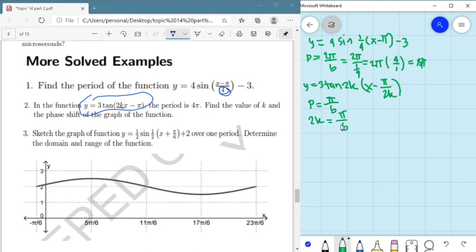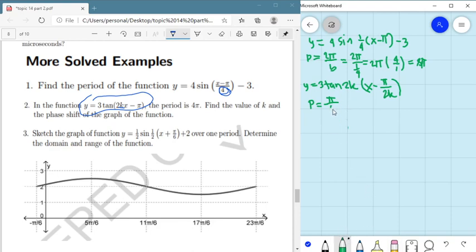So to solve for the b, we are to replace. Okay.